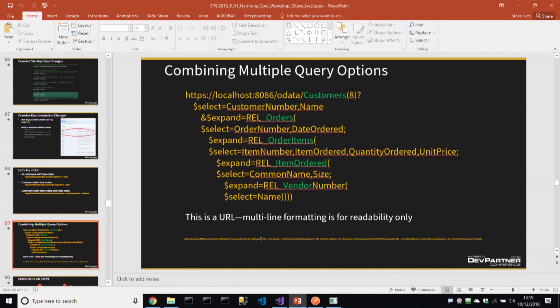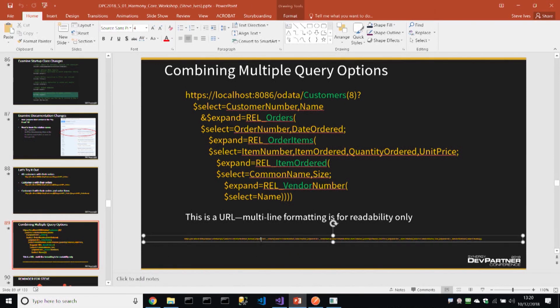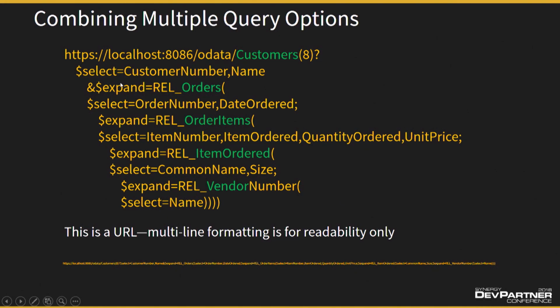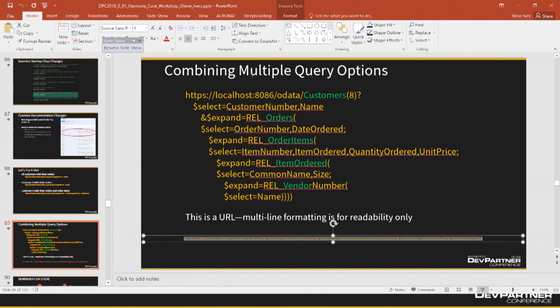Here's an example, look, that I'm just going to copy and paste. So here, we're going all 5 levels down. This is the example I showed the other day on the slide. So we're starting off at a specific customer with selected information, drilling into their orders with selected information, items, item ordered, and right down to the vendor of each item.